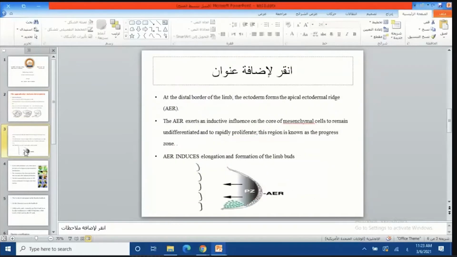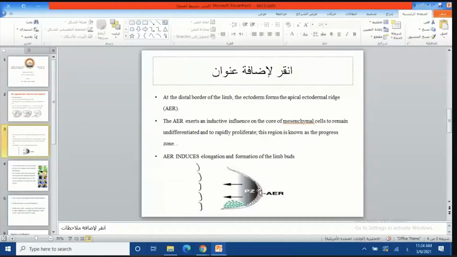So the ectoderm is the layer that is covering the mesoderm. At the border of the limbs, it will form an apical area. We call it the apical ectodermal ridge, with an outer layer that at one point looks like a nipple-like structure.